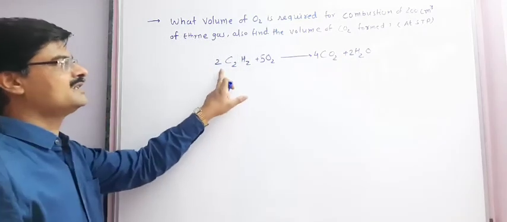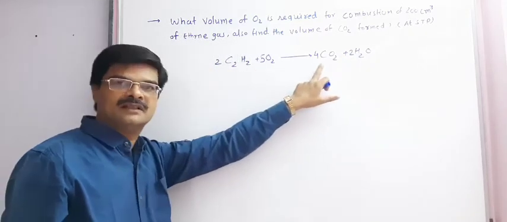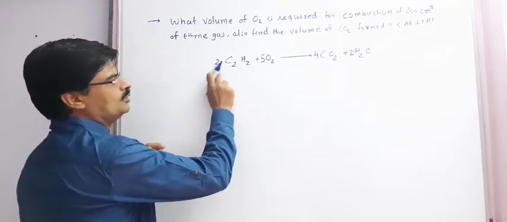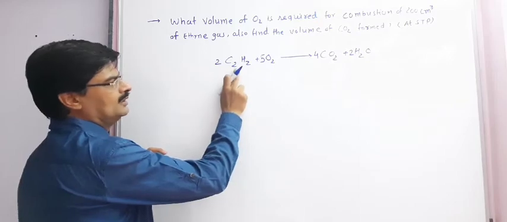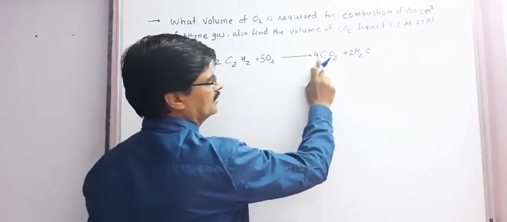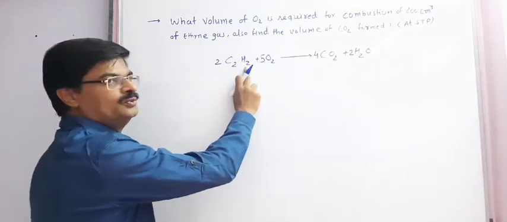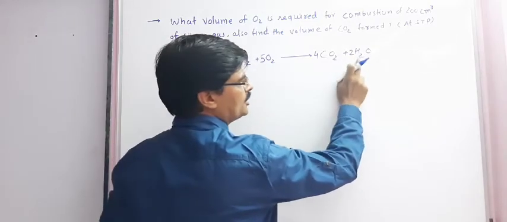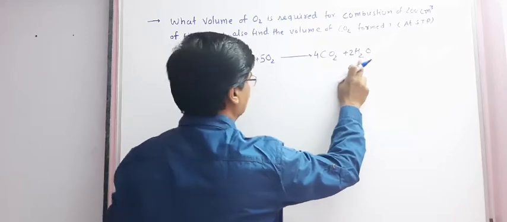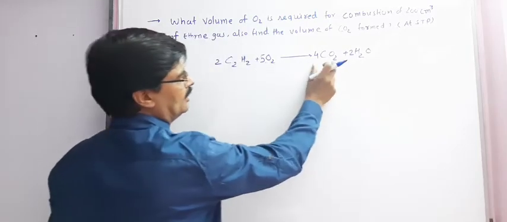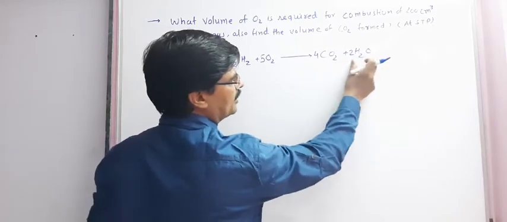First we will check whether this is a balanced chemical equation or not. 2 into 2 for carbon, 4, here also it is 4 on the product side. For hydrogen, 2 into 2, 4, here also it is 2 into 2, 4 on the product side. Now for oxygen, 5 into 2, 10, here also 4 into 2, 8 plus 2, 10.